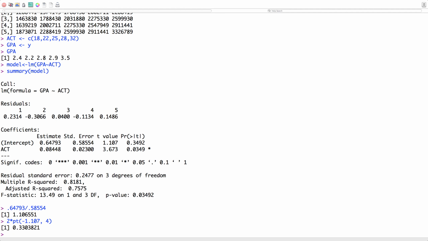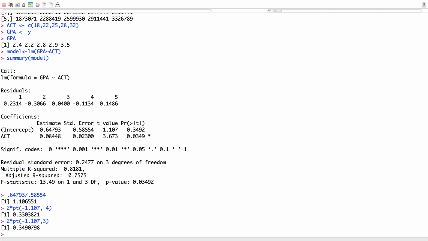So we get 0.03. Actually, I'm wrong about that. Hold on, let me think about this. So our t-value is the estimate of 2 things. So I'm sorry. We have to go 2 times pt negative 1.107 comma 3.